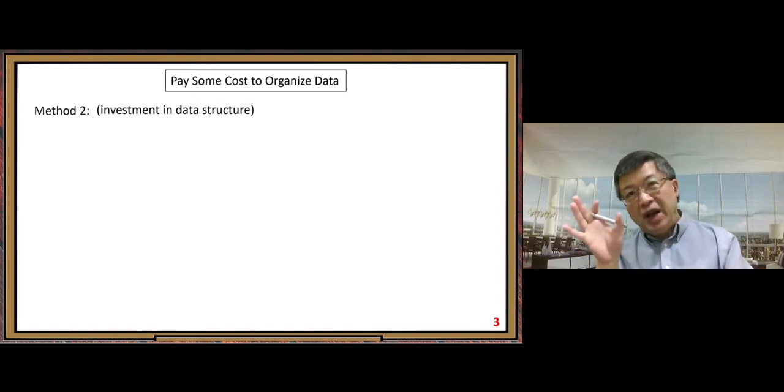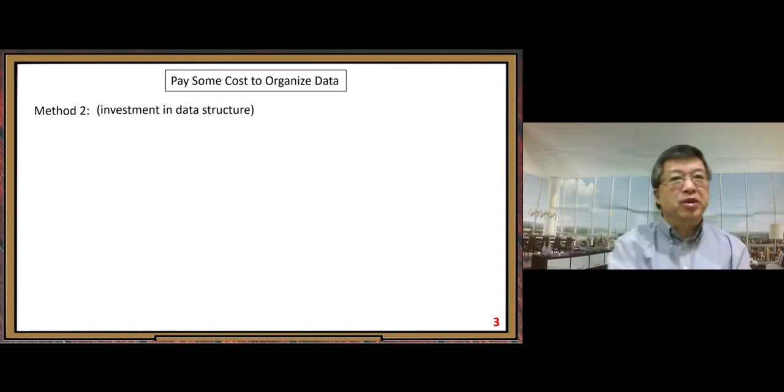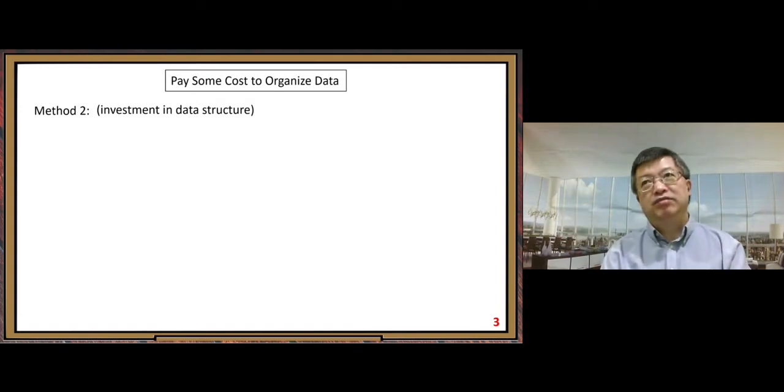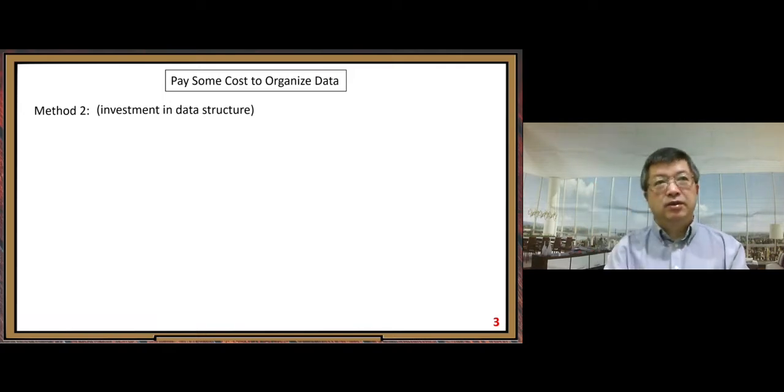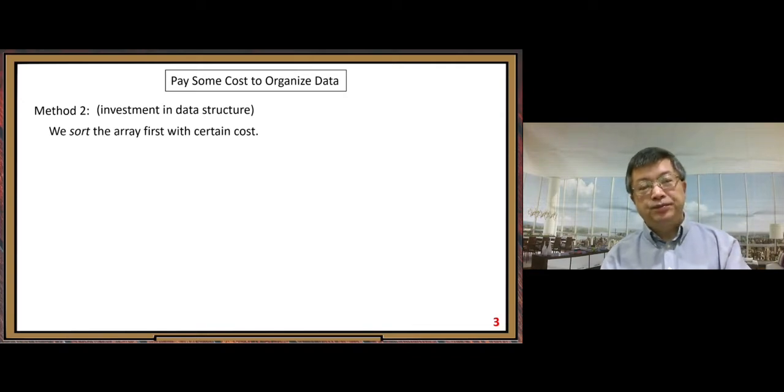When we organize data, we treat it as an investment in data structure. Data will be useful. We expect that the investment will pay off later. So we are willing to do that. So what kind of investment will we pay?